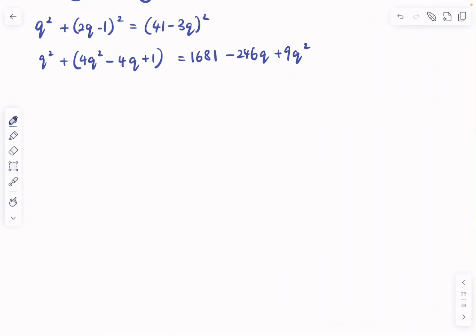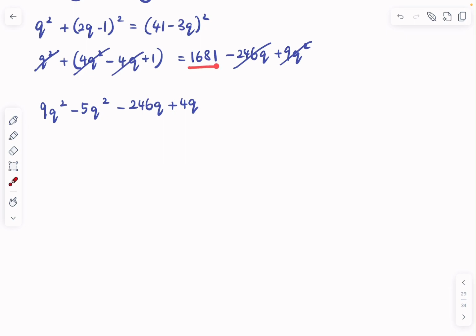Right. Now we bring all of these together. So q square plus 4q square becomes 5q square. We bring it here, will become 9q square minus 5q square. And then this is negative 246q. Negative 4q we bring there, will become positive 4q.